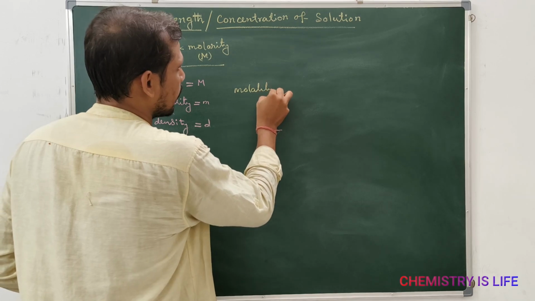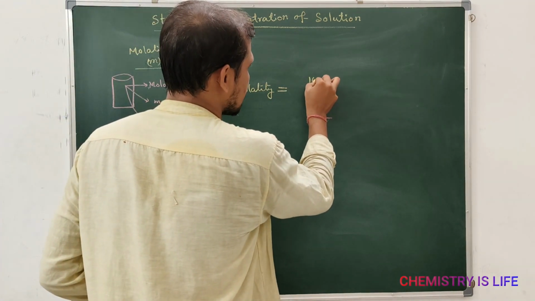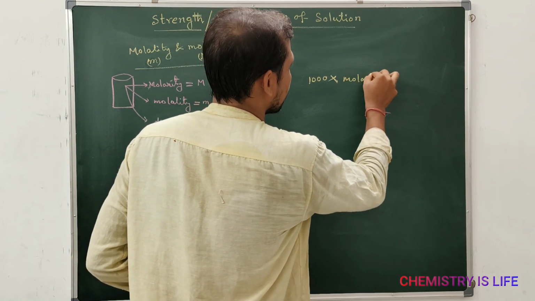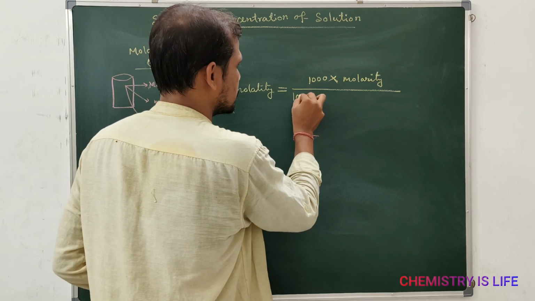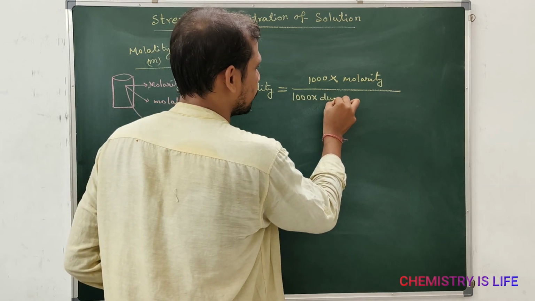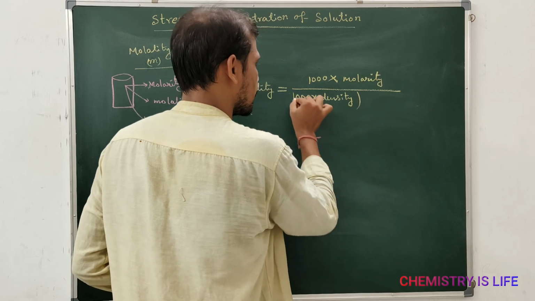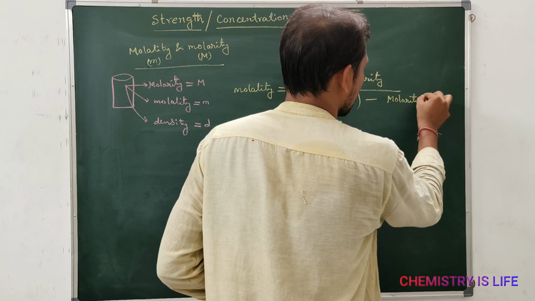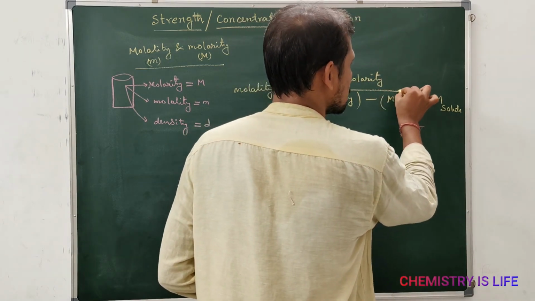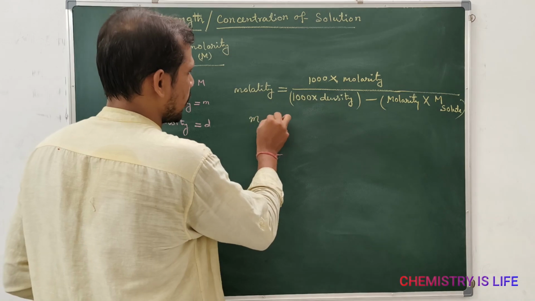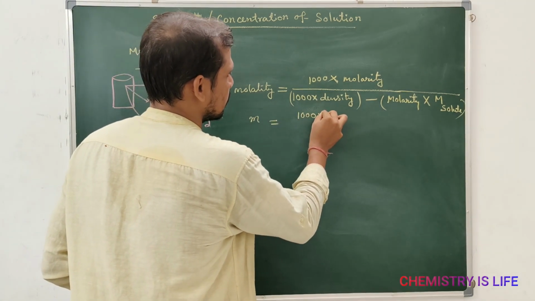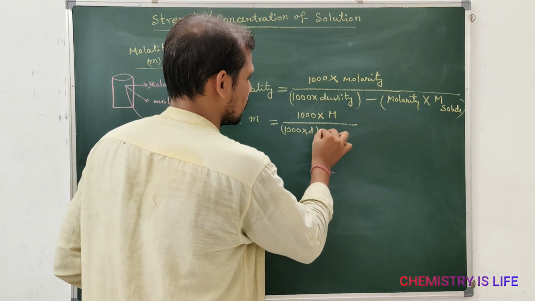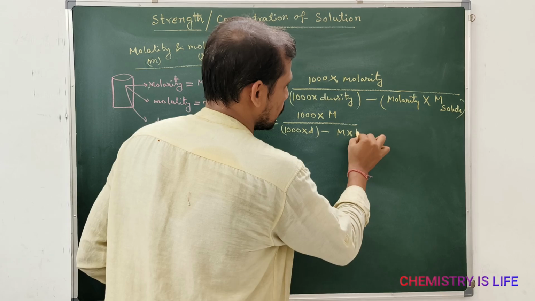Molality equals 1000 into molarity divided by 1000 into density of the solution minus molarity into molecular mass of the solute. So small m equals 1000 into capital M divided by 1000 into density minus molarity into molecular mass of the solute.